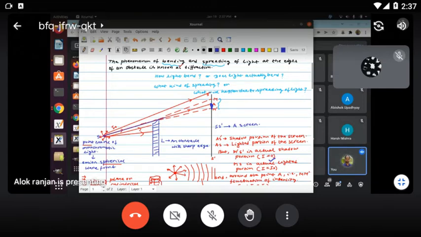Similarly, AM to S is completely bright where the intensity equals I naught. But in MM prime, the portion around this point A, the intensity fluctuates. So the region which should be the geometrical shadow is actually not the shadow. Is it clear? Yes, sir.